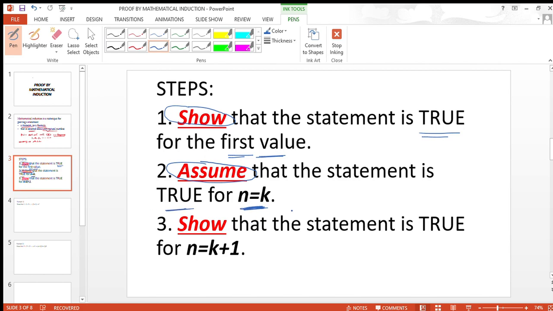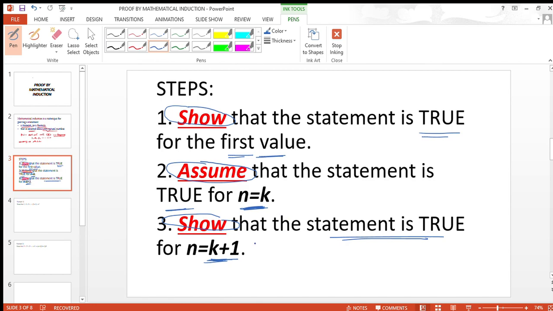Then, after assuming that a value k is true for the theorem, the third step is we will show that if we use k plus 1, this statement must be true.